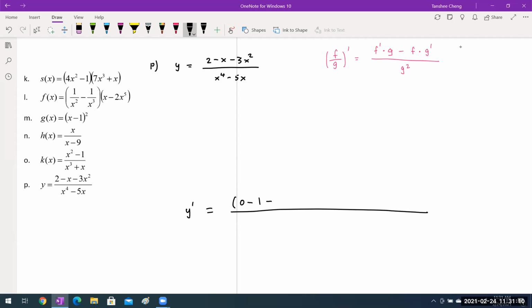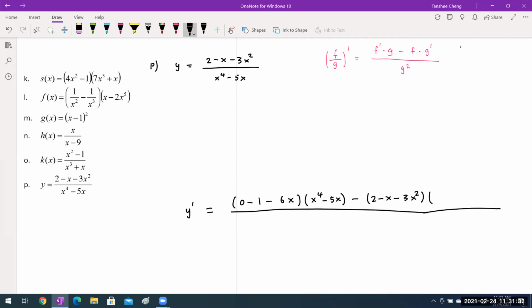So you're going to bring down the power and multiply it. So it'll be 3 times 2 is 6, x to the 1 power, and times with the denominator, minus numerator times with derivative of denominator.